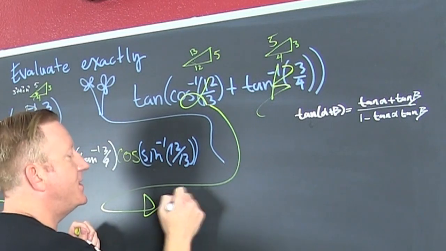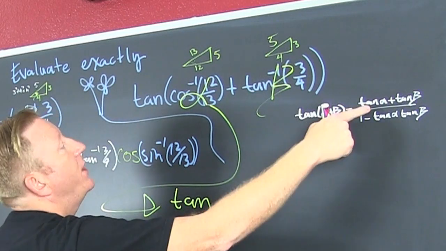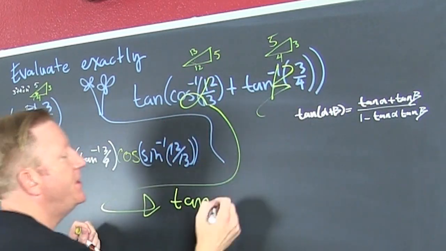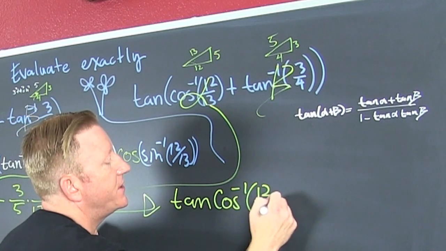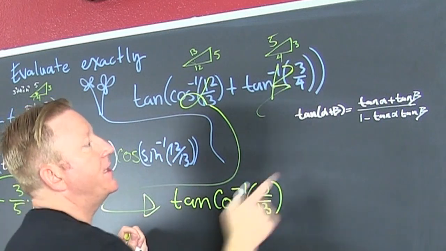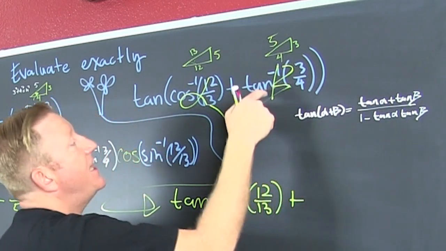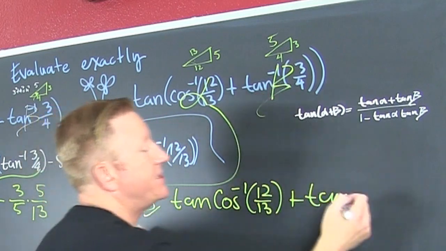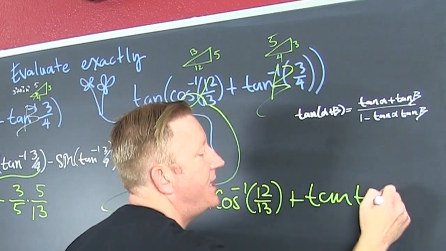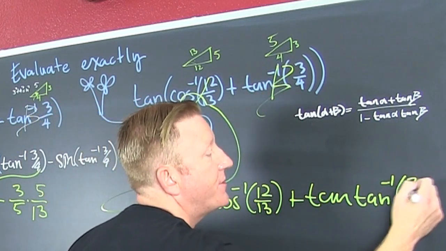So that's going to be the tangent of alpha, which is the cosine inverse of 12/13. And then we're going to add to it the tangent of the tangent triangle, that's the tangent inverse of 3/4.